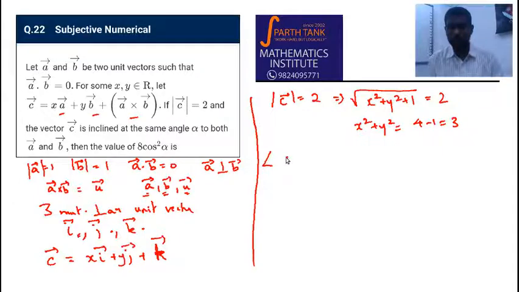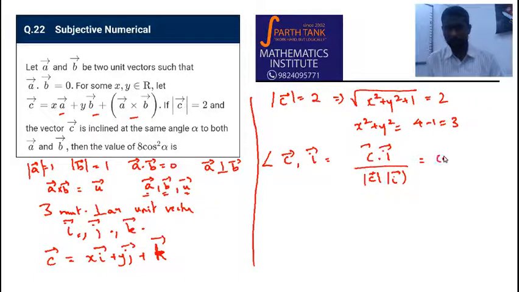Now the angle between C and A, that is the i vector, can be written as C dot i by mod C mod i. Let us say this is cos alpha. C dot i is going to be x, mod C is 2. So x by 2 is cos alpha, or x is equal to 2 cos alpha.